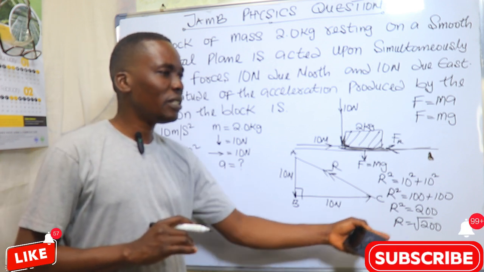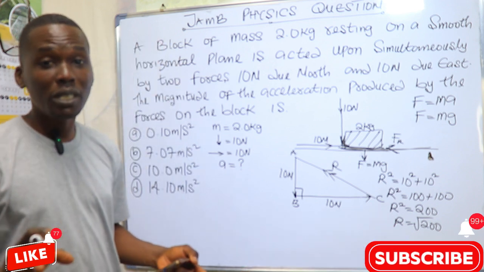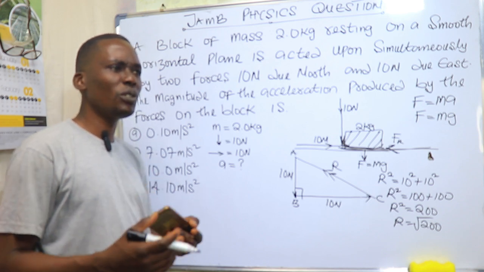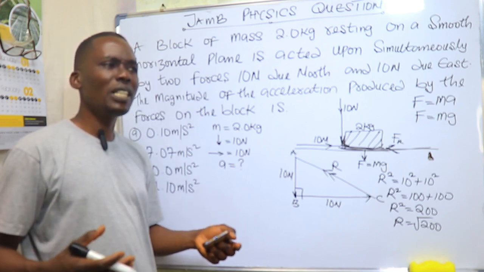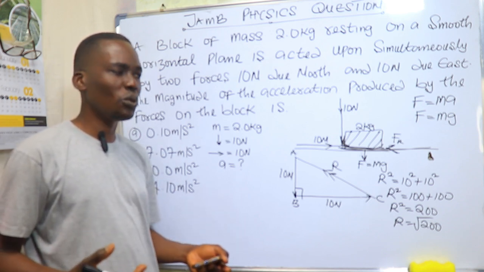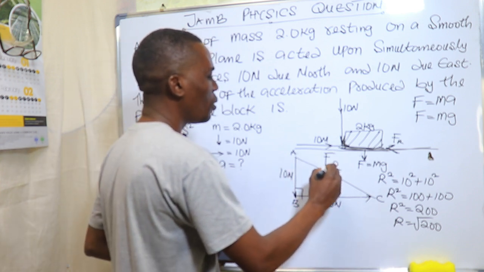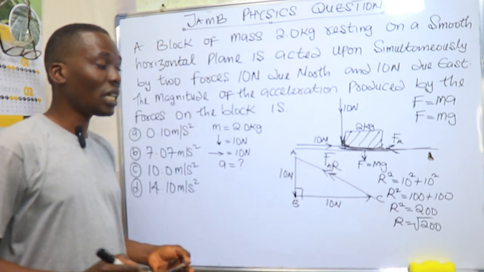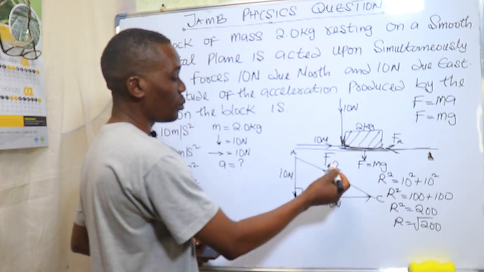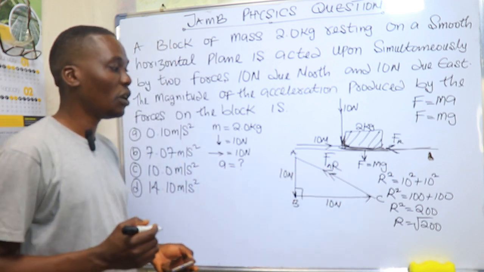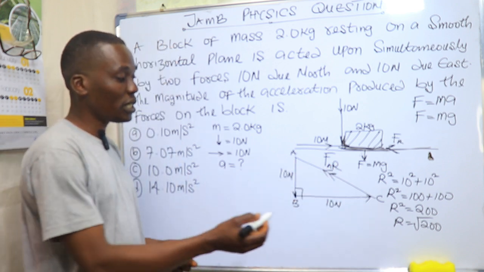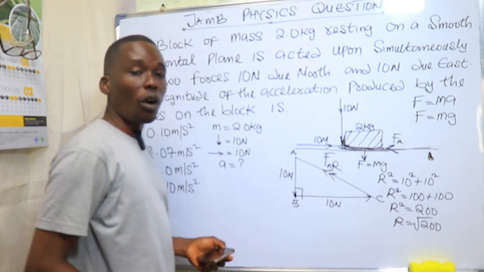So we don get the resultant. The resultant na wetin? Na root of 200. Now the question you go ask yourself be say, wetin I go use this resultant do? That's the resultant force, now we dey look for the resultant force, because this na force, this na force. The resultant force na root of 200.